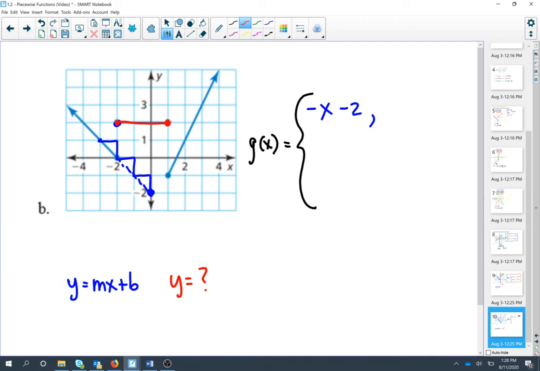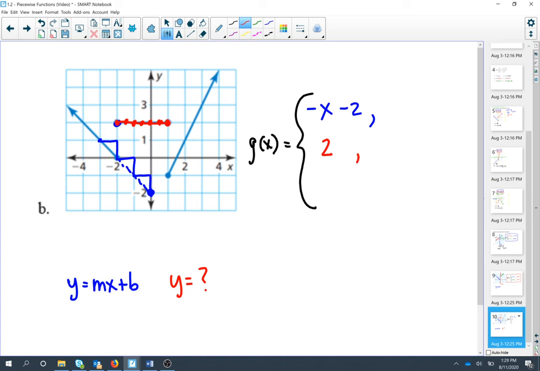Some people say that's y equals b, some people say it's y equals a. It doesn't matter, but it's y equals whatever it is. And in this case, y is 2 everywhere. It doesn't matter where x is, y is at 2. So this horizontal line is just 2.